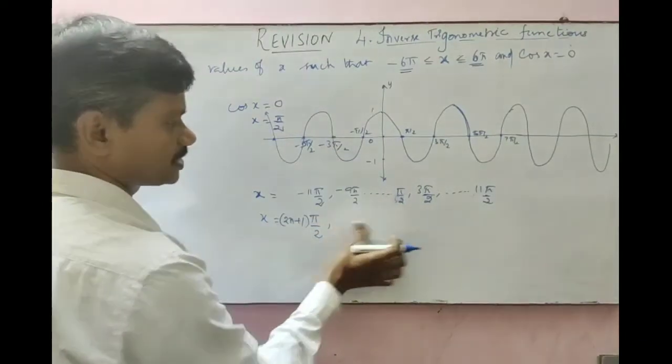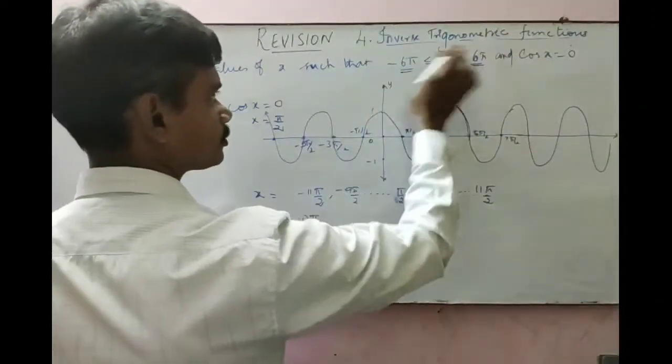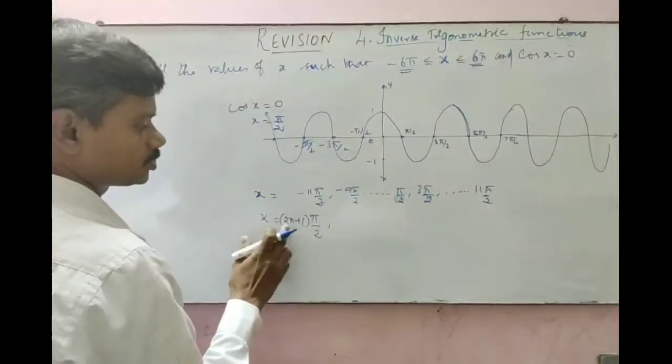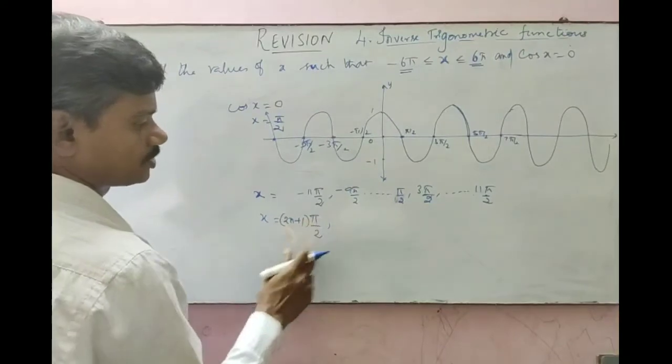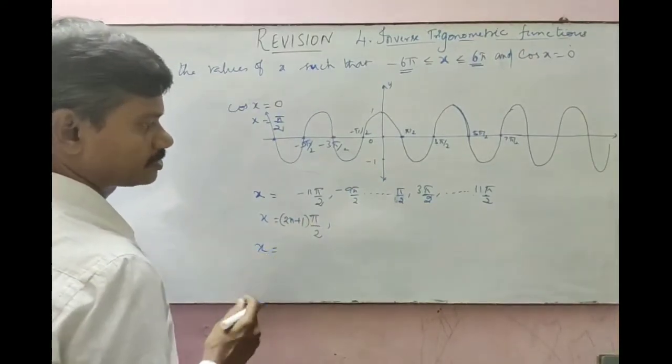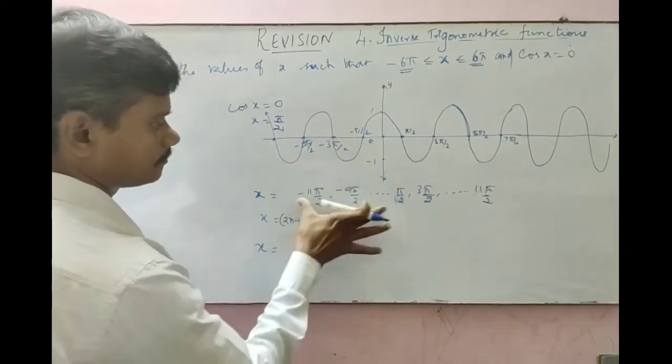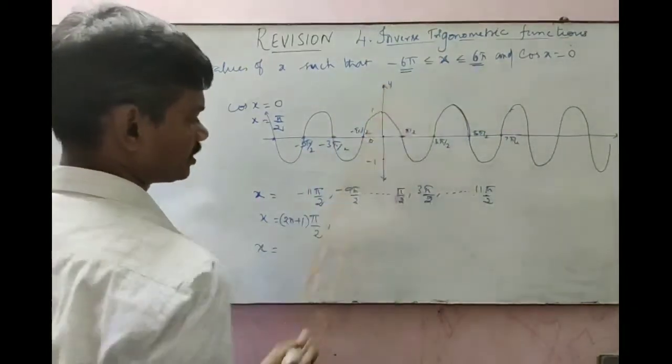But they limit us up to minus 6 pi to plus 6 pi. So here x is equal to (2n plus 1) pi by 2. But we have to write this within the given interval.